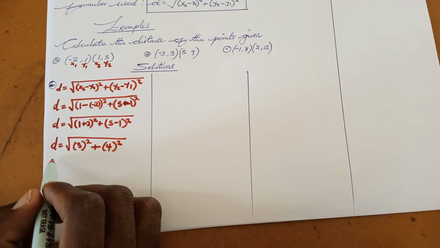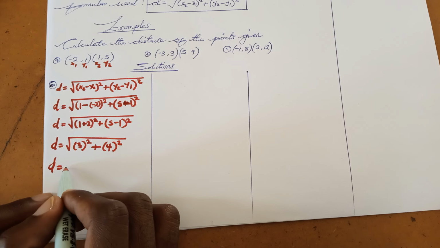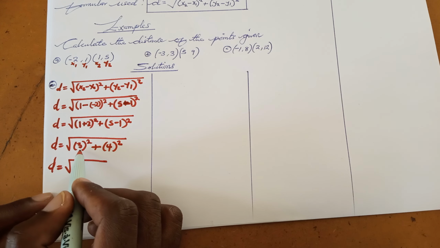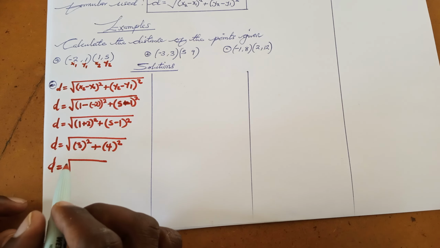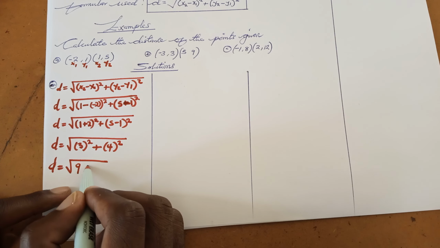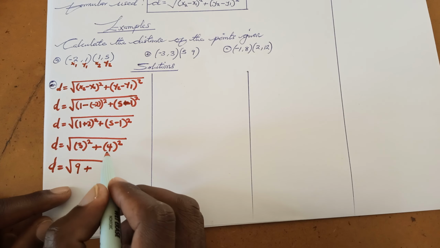Okay, so this will be equal to square root. So 3 squared, this means 3 times 3, which gives us 9, plus 4 squared is 4 times 4 to give us 16. Okay, when we add 9 plus 16, it's going to give us 25.